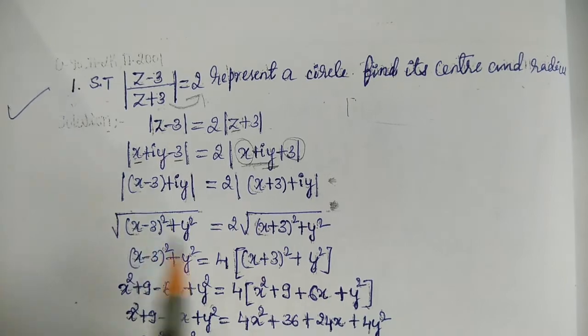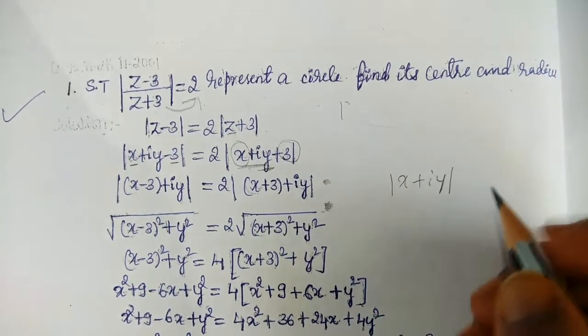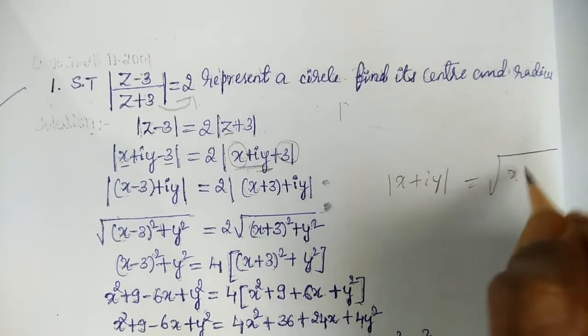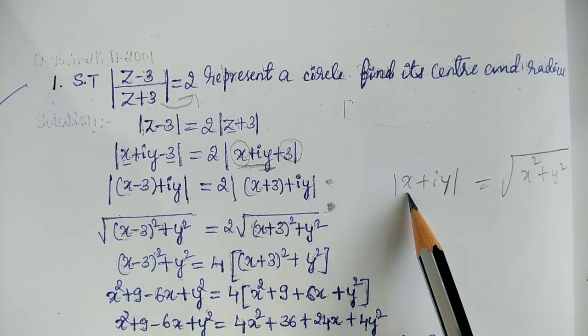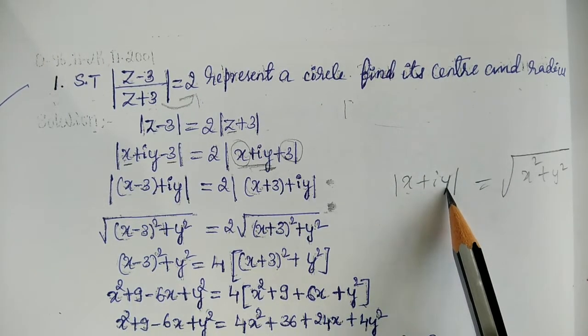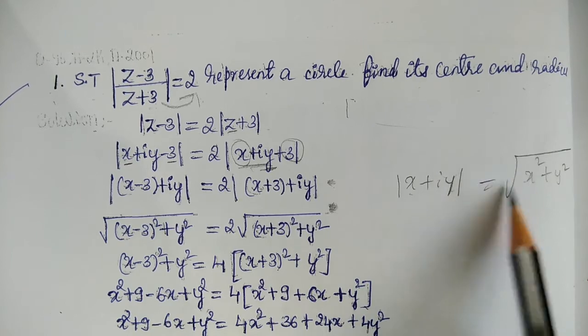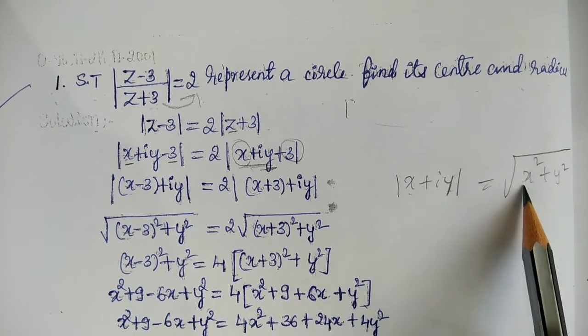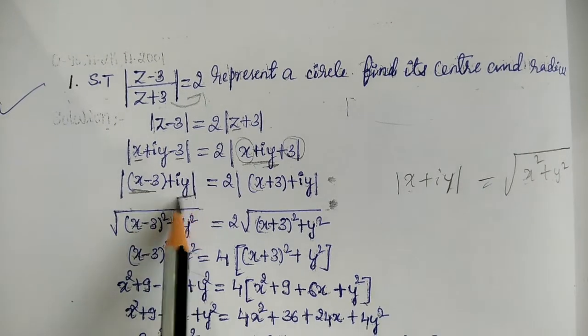So we know that modulus of a complex number is what? Modulus of x plus iy is nothing but square root of real part square plus imaginary part square. Here x is the real part of x plus iy and y is the imaginary part. Here this one is the real part, this one is the imaginary part.